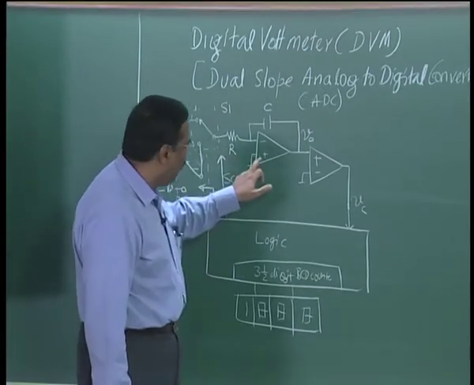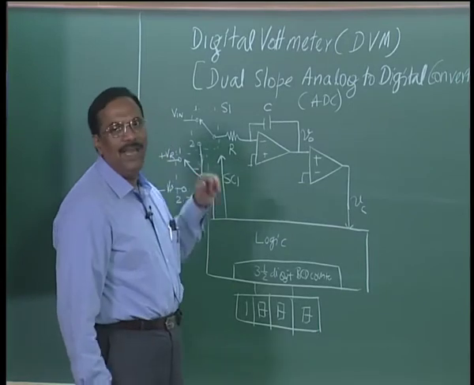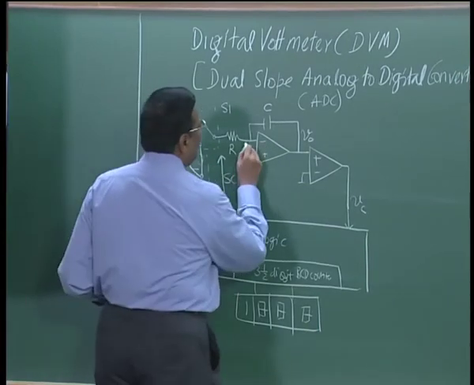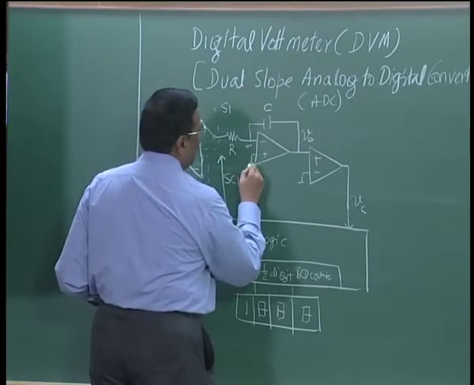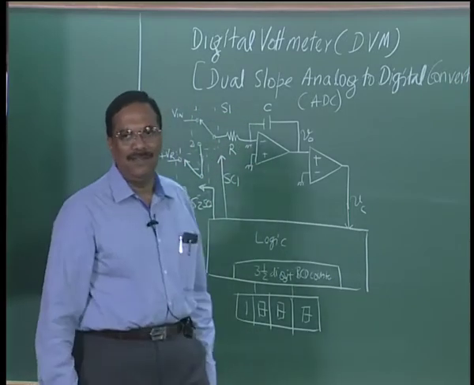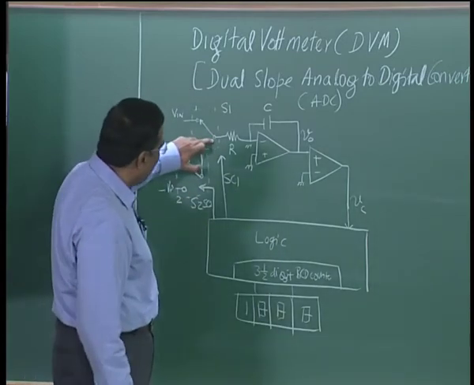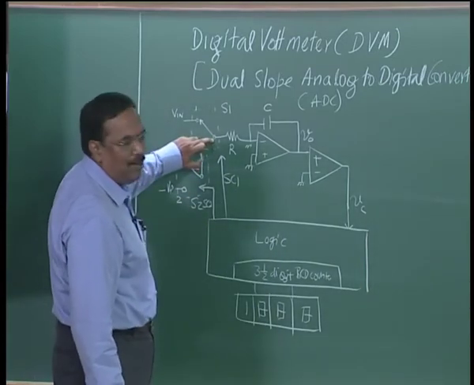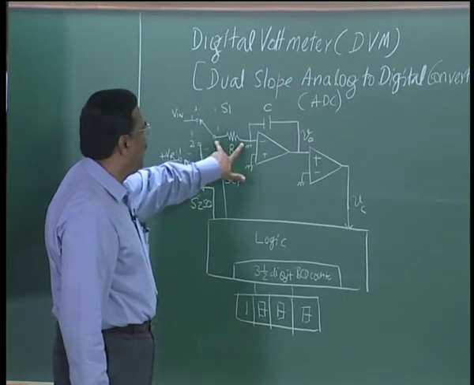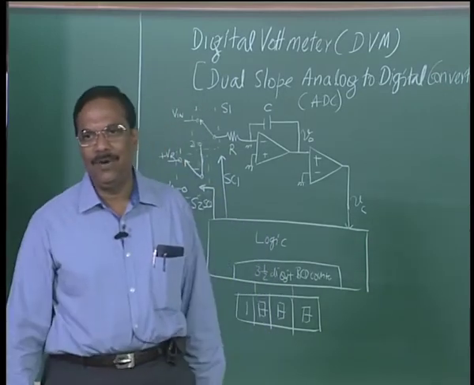So, we have already grounded the non inverting input. So, the inverting input also will have the same voltage, which means this will be at the ground potential, right. So, we call this a virtual ground. So, whatever is the terminal voltage at this point of switch S1 will be the voltage across R, because the other terminal is always at ground potential.